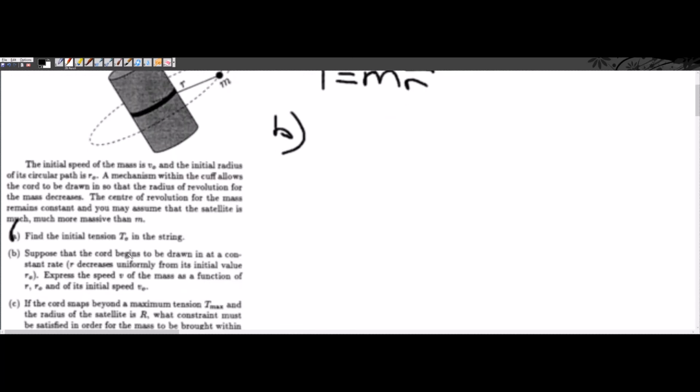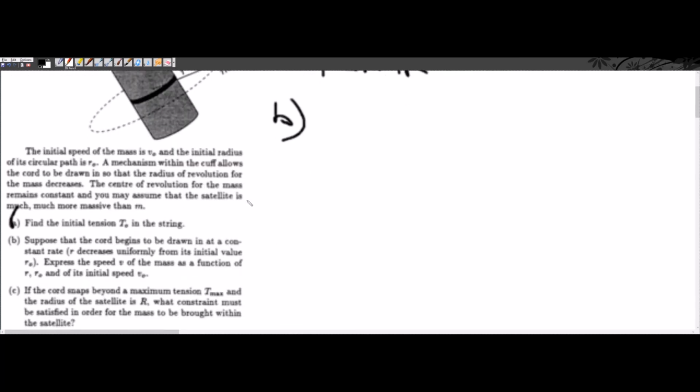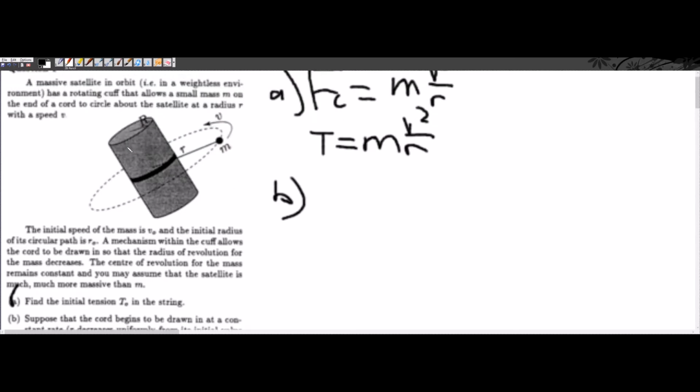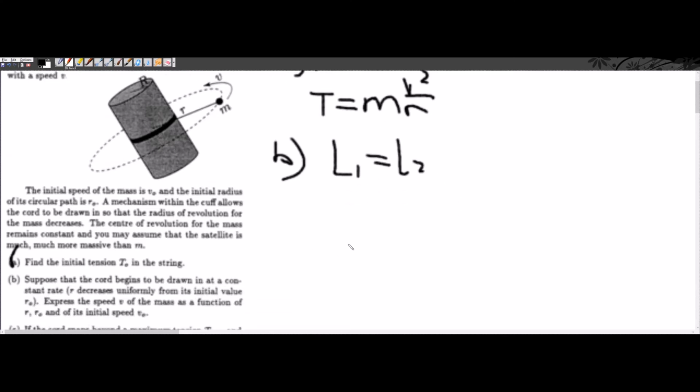Suppose that the cord begins to be drawn in at a constant rate, so r decreases uniformly. Express the speed v of the mass as a function of r, r0, and v0. So here, angular momentum is conserved. So L1 is equal to L2. The angular momentum of the object is its moment of inertia times angular velocity.